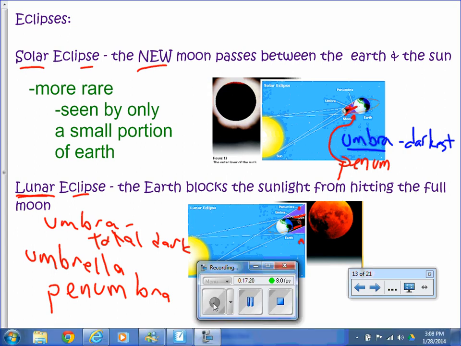The other interesting thing about solar eclipses, the sun is obviously so bright that you can't really look at it. And even with telescopes, it's very difficult to observe the sun. So it used to be that, and probably still to some extent, when there is a total solar eclipse, it is a unique opportunity for scientists to see the sun in a way we're not usually able to see it.